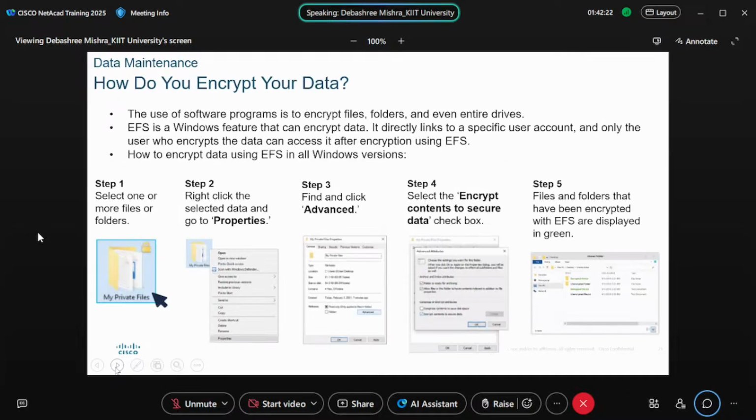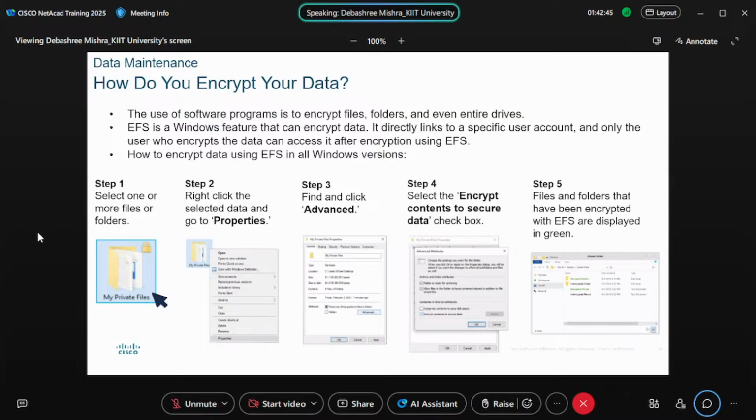Now let us go for this one. So this is how you will be doing your encryption, how you will encrypt your data. There are certain steps, 5 steps mentioned here. Step 1, you need to select one or more files or folders that you want to encrypt. Then you need to click on the option called properties. Then you need to check the advanced option.